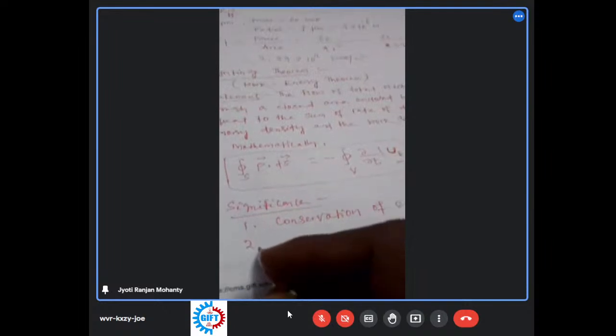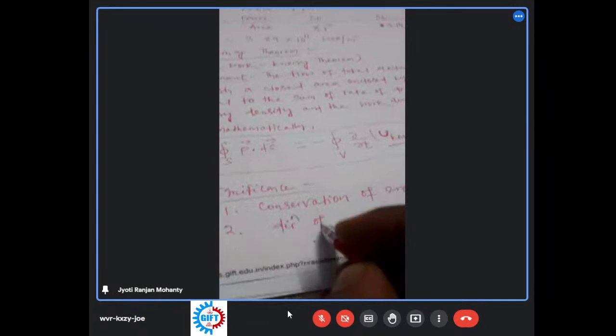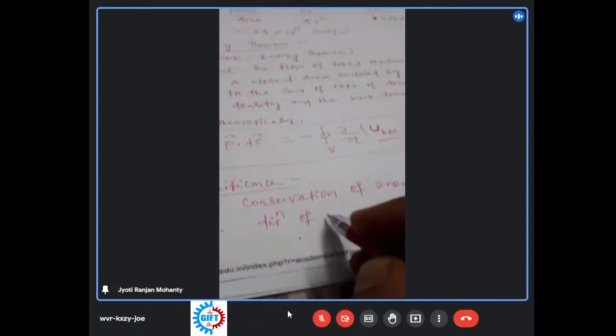Next point: it gives the direction of energy flow.